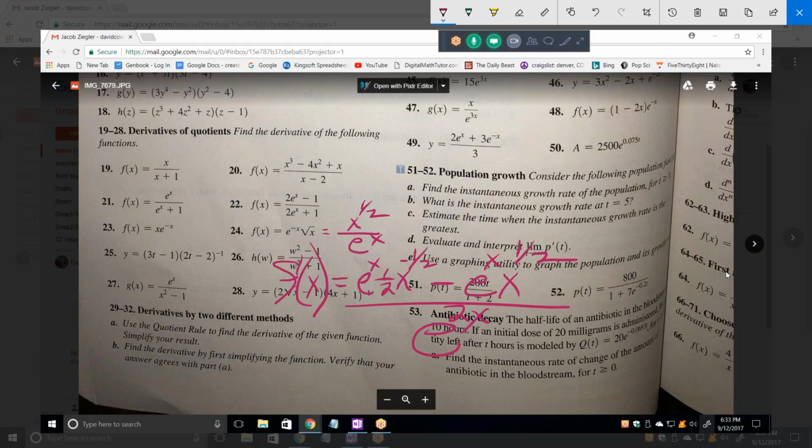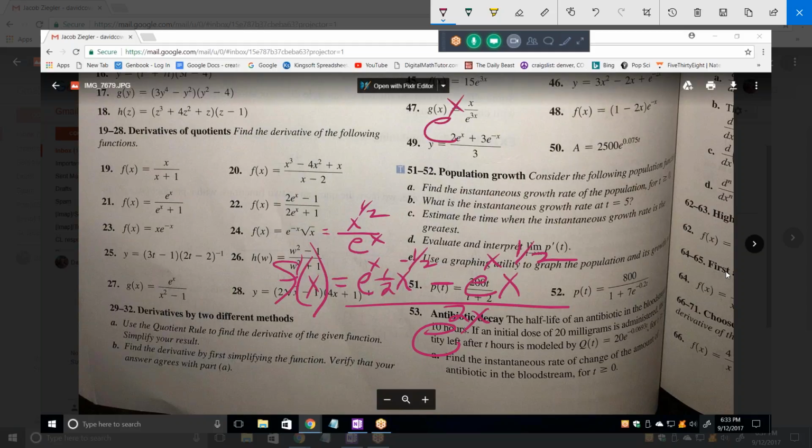In other words, I could actually factor out an x to the minus 1/2 from the numerator. Both x to the minus 1/2 and x to the 1/2 are divisible by x to the minus 1/2. So I could accomplish something, but it wouldn't be much. Whereas if I factor out the e to the x, now I can accomplish a lot. Factor out the e to the x and tell me what we have.